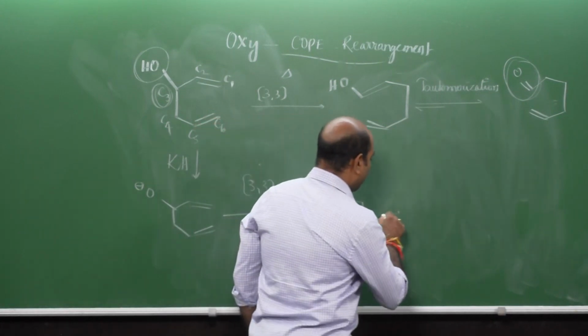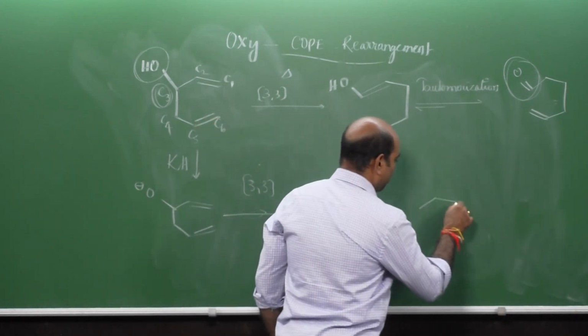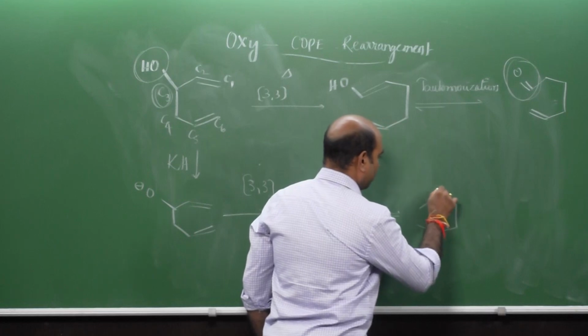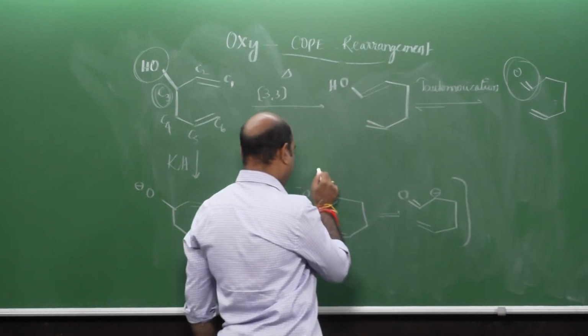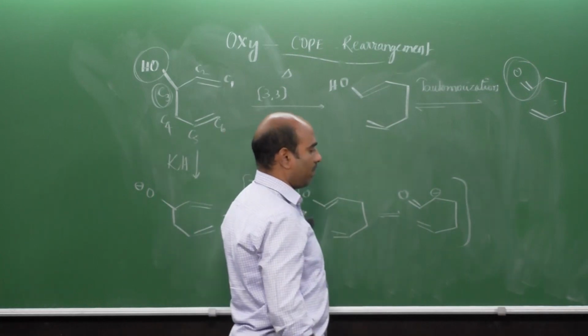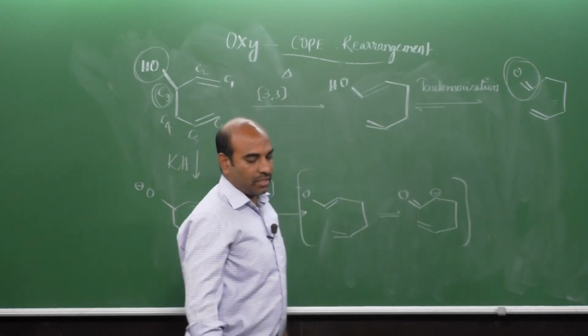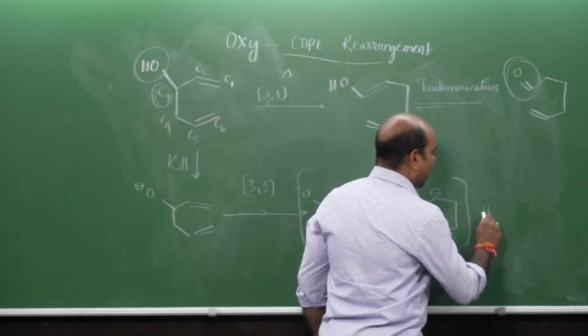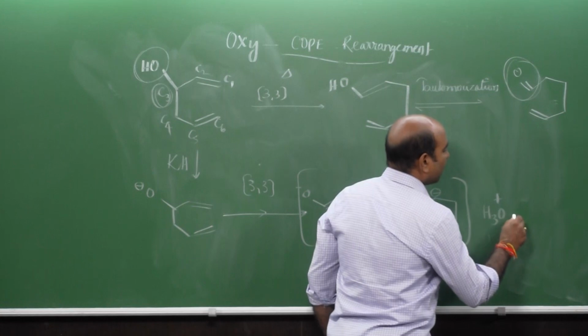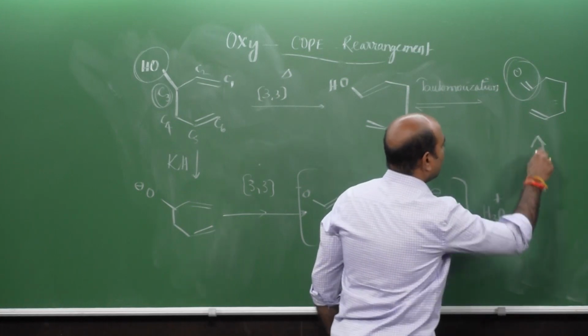Or which can undergo loss of the double bond O, this one. This will be happening inside. Once we protonate it again, you will be able to see this product only.